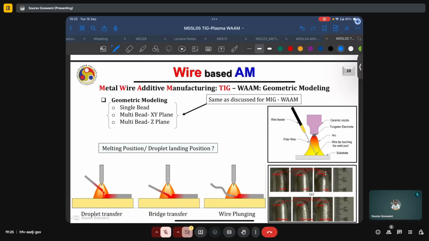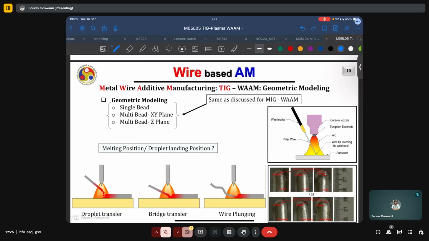This is typically the case when the input power is very high, or the wire feeding speed is very slow, in which case an adequate amount of wire does not come in interaction with the energy source, and so it breaks up into droplets. The other extreme end is wire plunging, where before the wire melts, it is plunged into the pre-deposited bead or the substrate.